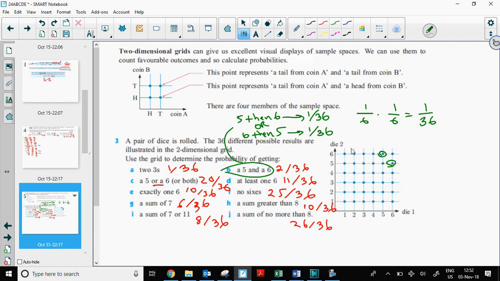You've got to really understand what the phrase "a 5 and a 6" means. Are there different orders to it that I need to take into account? So in some problems, we need to even start thinking about permutations and combinations from way back in chapter 8. And actually, we'll hit that at the very end of this chapter officially.